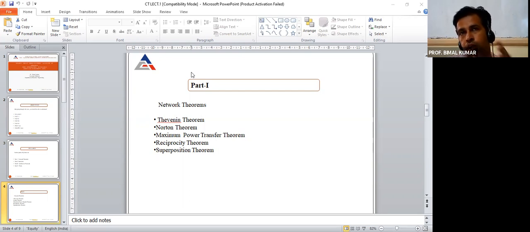Power transfer from the source to the load is maximum when internal resistance of the source is equal to load resistance. We will see the proof of this theorem, and after that we will calculate the amount of maximum power transfer across the load during this particular condition.